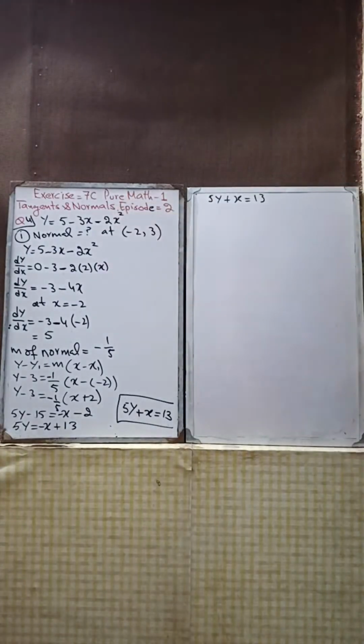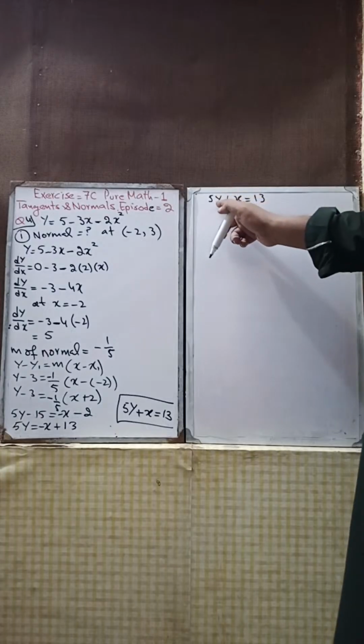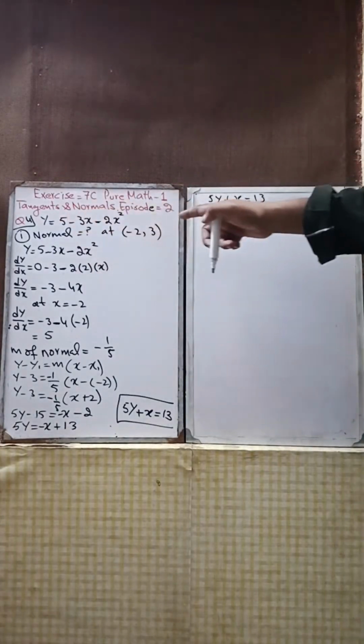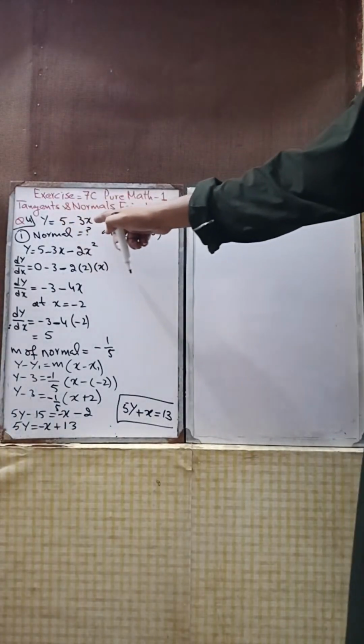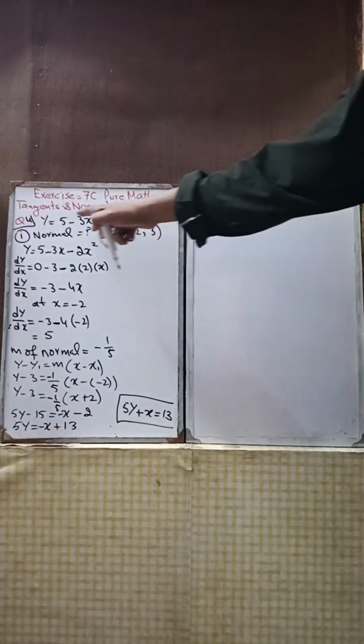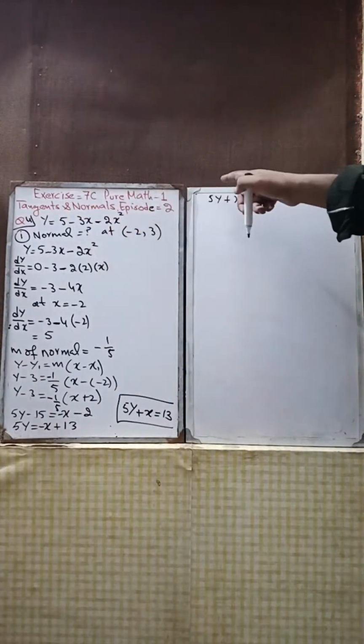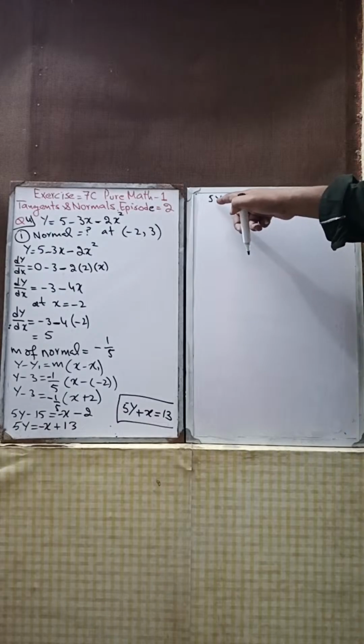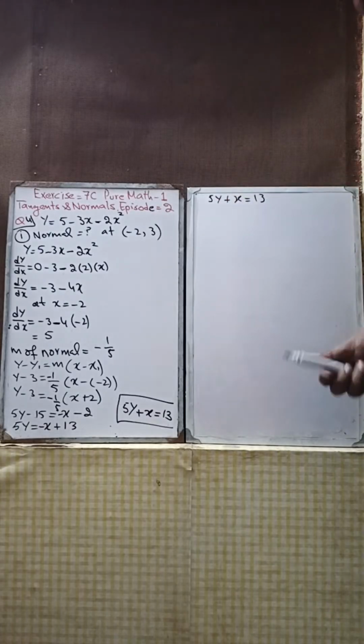In the place of y here, I will put the value y equals 5 minus 3x minus 2x squared. So you see what will happen.